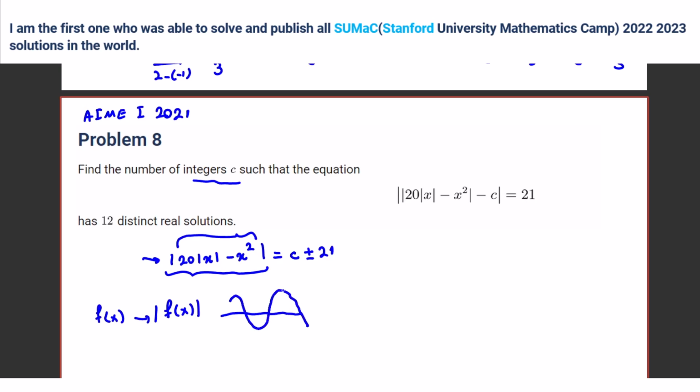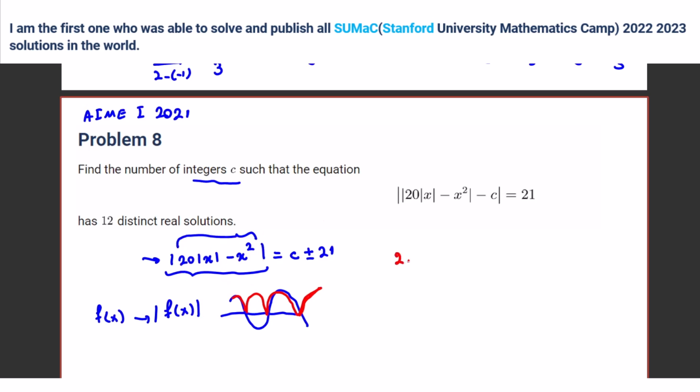Where it is positive, you keep it, but where it is negative, you should reflect it to be positive. If it is below the x-axis, you reflect it about the x-axis. Understood how we should draw this? Okay, now you should focus on drawing this part, then apply absolute value.